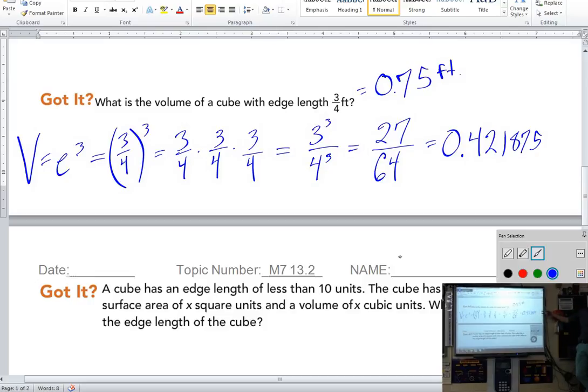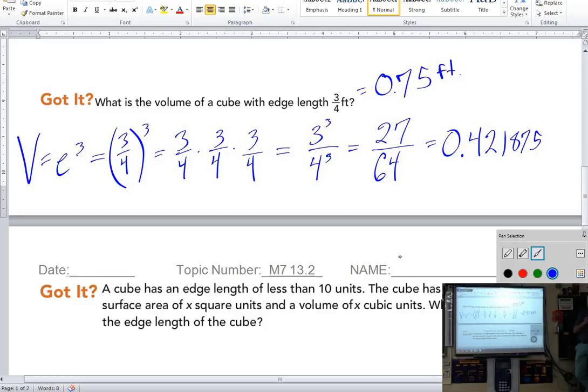How did I get less volume than my edge? Okay, but why then do I have less? I agree, fraction multiplication makes smaller numbers, but I'm trying to rationalize how this makes sense.